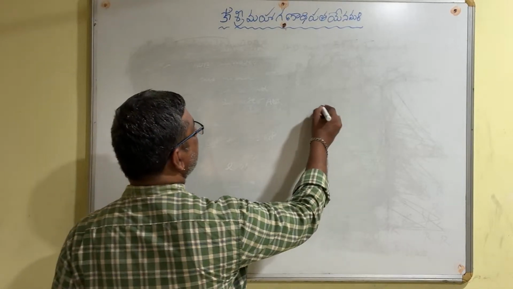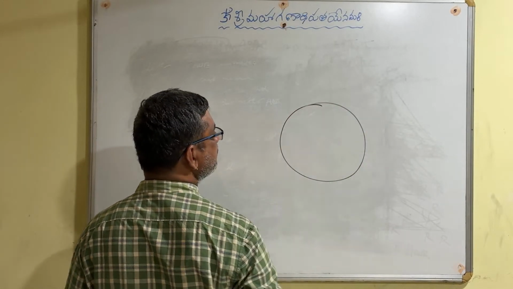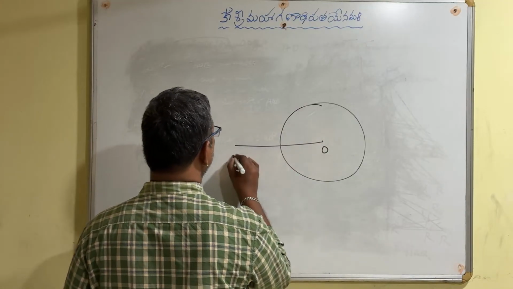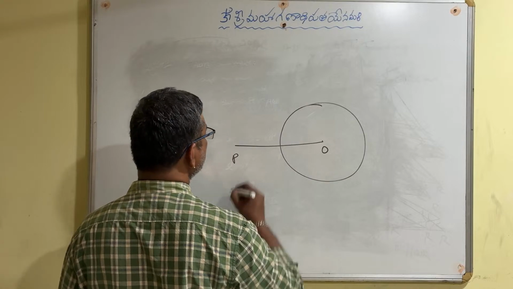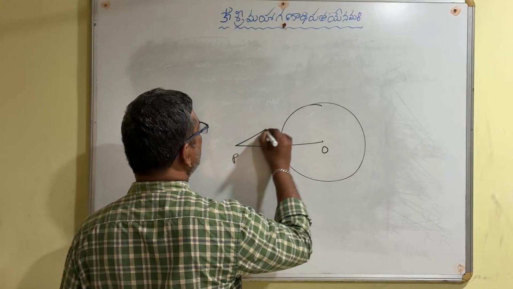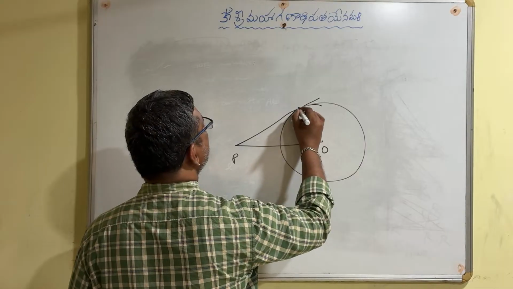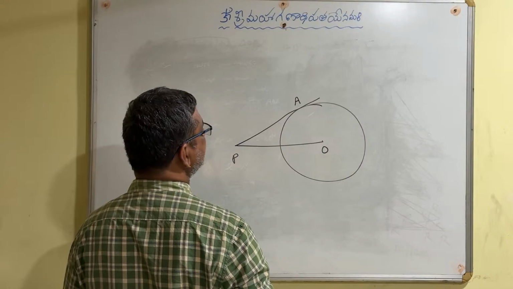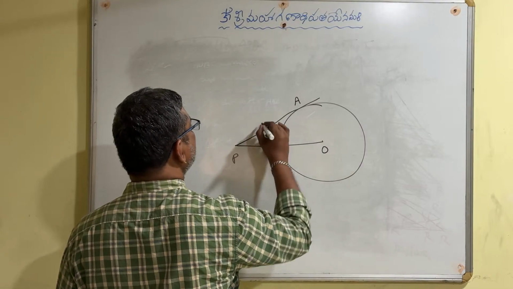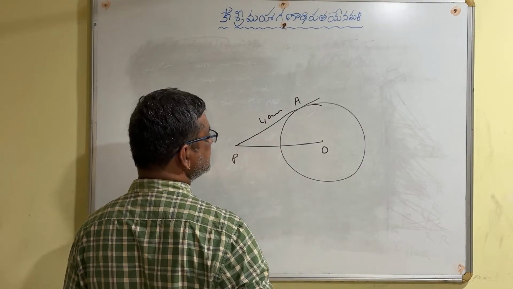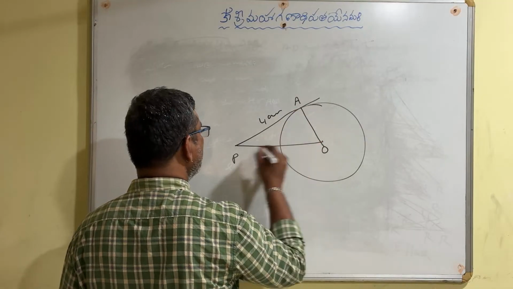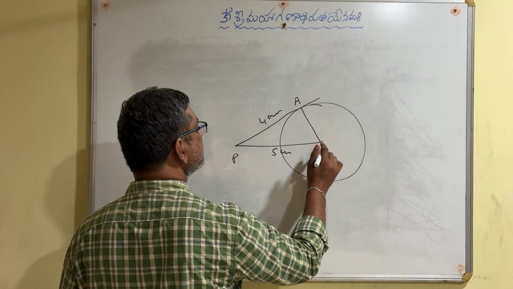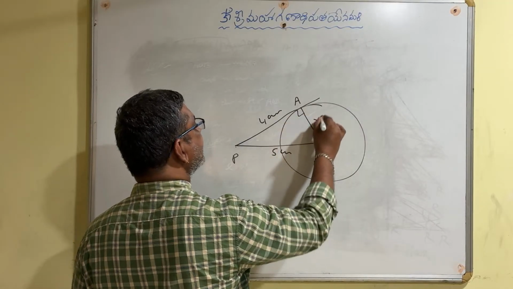There is a circle with center O, and there is a point P which lies outside the circle, and PA is the tangent. The length of the tangent is given as 4 centimeters, and the distance between the point and the center is 5 centimeters. We need to find out the radius.